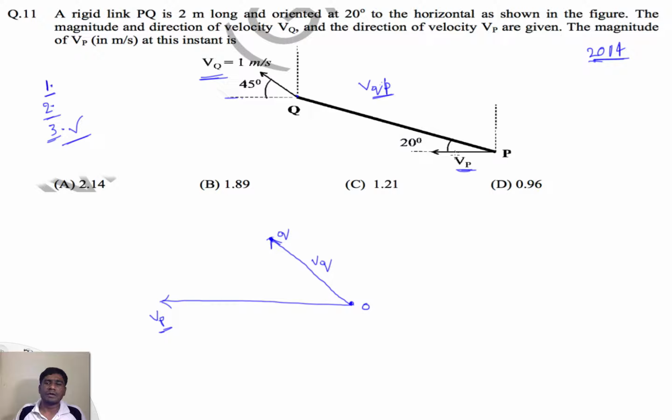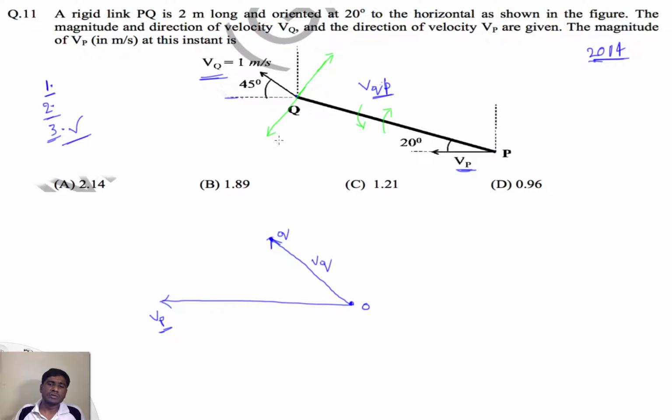But in this case, this is moving in this direction and this is moving in this direction. So this relative velocity of the points Q and P should be perpendicular to this link PQ. It can be like this or it can be like this, because we don't know in this particular instance whether it's rotating like this or like this.